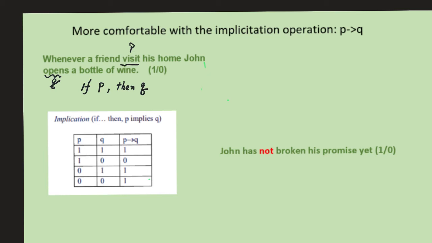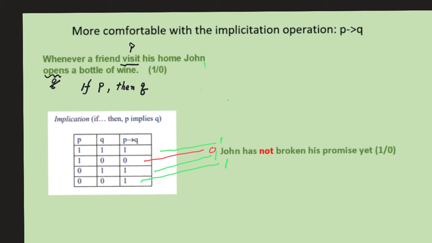But the logic function's output should really equal the truthfulness of the second statement: John has not broken his promise yet. So you start from the first statement, but the output of the implication function is the truthfulness of the second statement. But there's one more thing to notice.